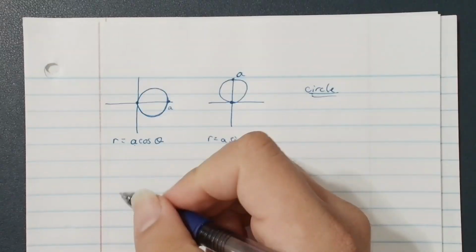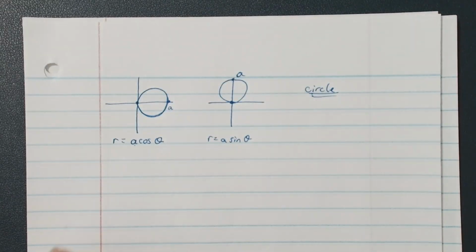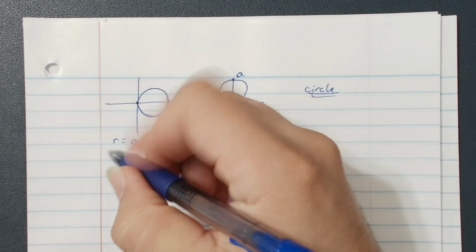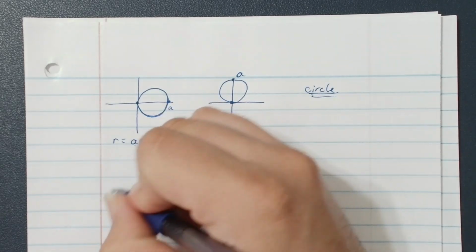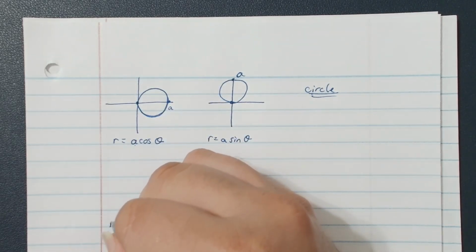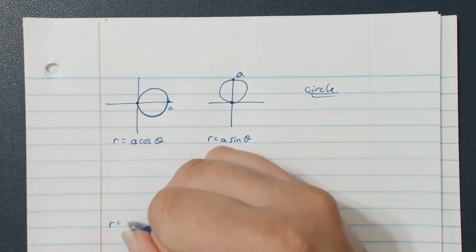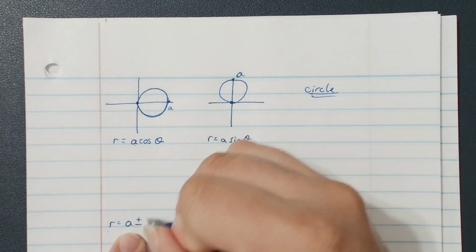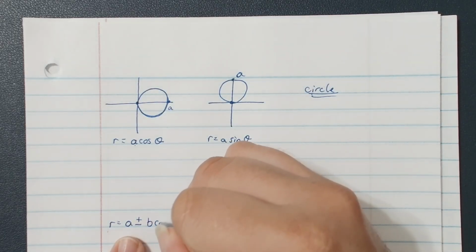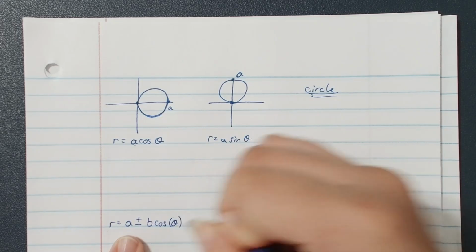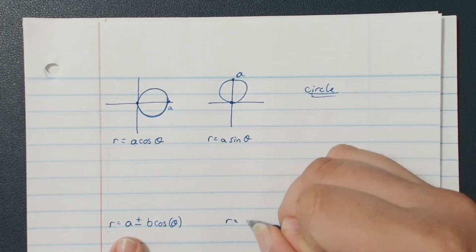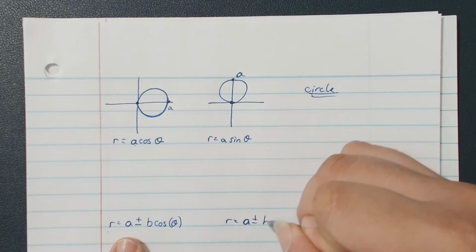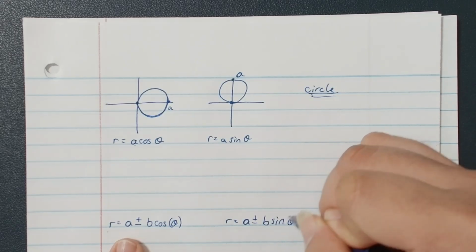Okay? The next one we're going to look at is what's called a cardioid. Those are ones that look like this. Let's do r equals a plus or minus, doesn't matter which one, some number times the cosine of theta. Or, instead of cosine, you can use sine, a plus or minus a number times the sine of theta, like this.